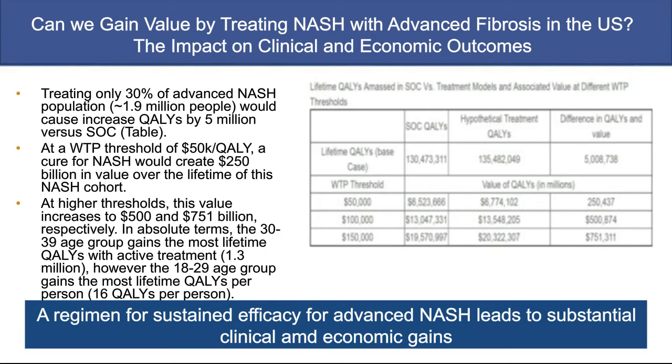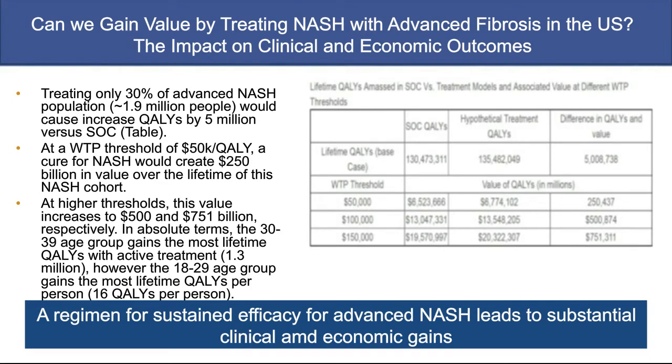And of course, if you consider a higher willingness to pay, then the value is even higher. So a regimen for sustained efficacy in advanced NASH can lead to substantial clinical and economic gain, at least in the United States.